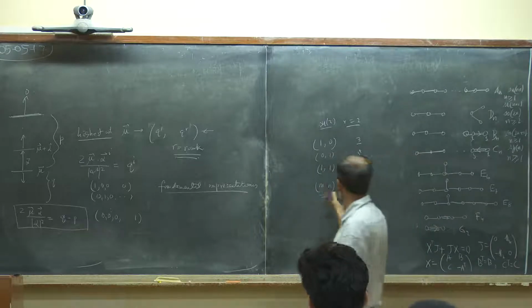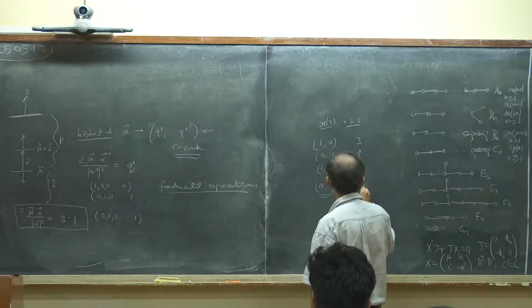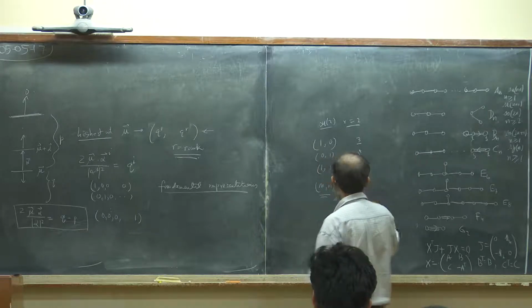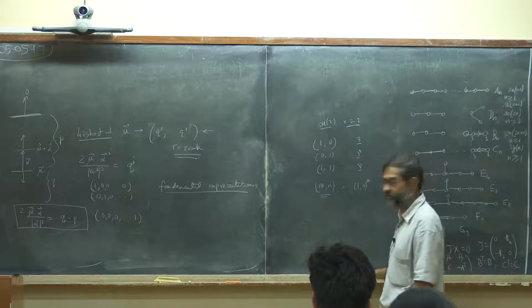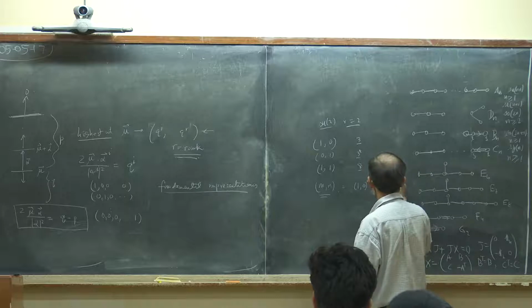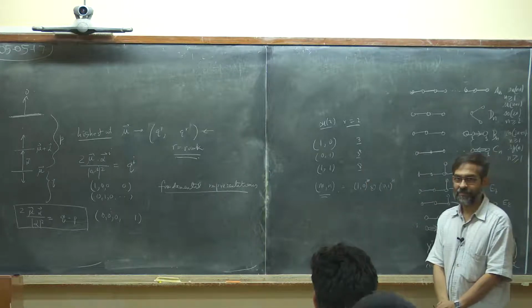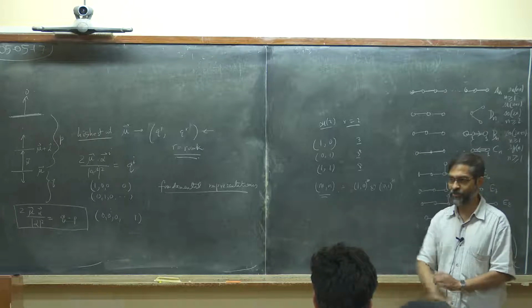So this mn can be obtained by taking (1,0) m times and (0,1) n times, and I'll see how that goes.